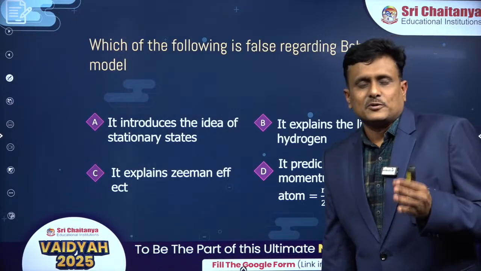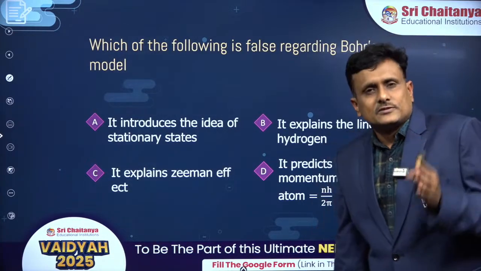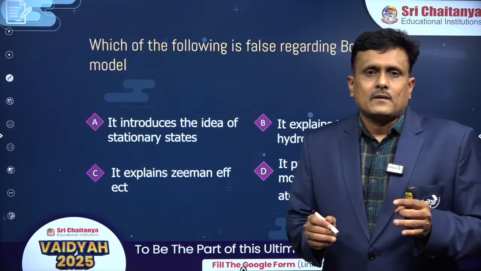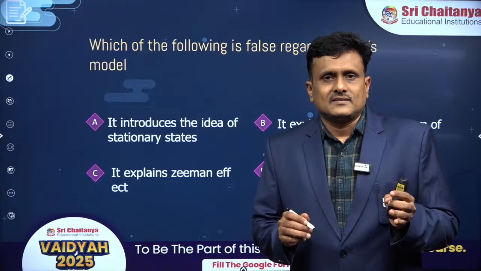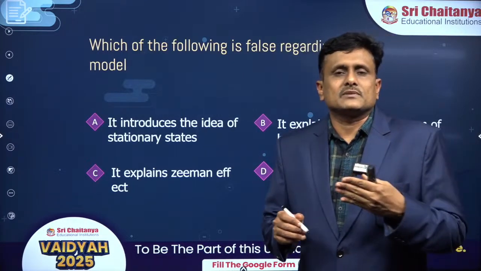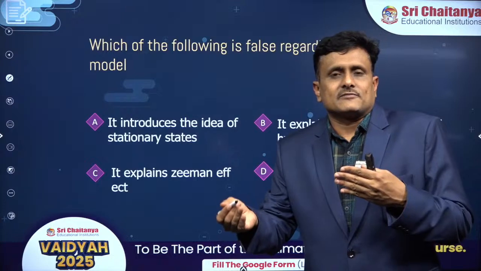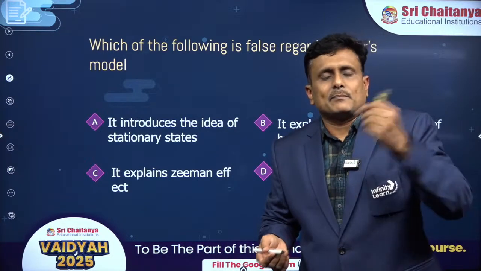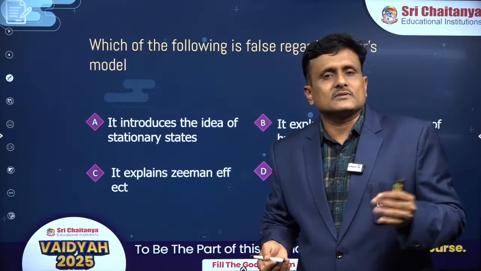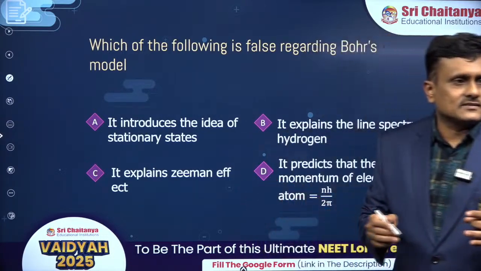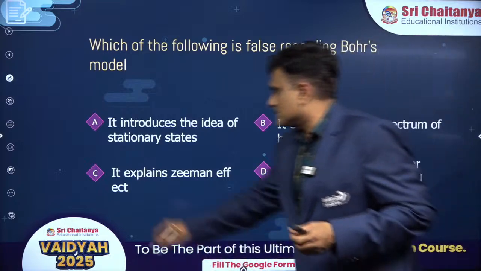The demerits clearly say that Bohr's theory cannot explain the Stark effect and Zeeman effect. The Stark effect means when you place the spectrum of the hydrogen atom in an external electric field, each line splits into fine lines. The same happens if you place that in a magnetic field also. That's called Zeeman effect. Stark and Zeeman effect are not explained, isn't it, Tilak? So you gave the answer, buddy.